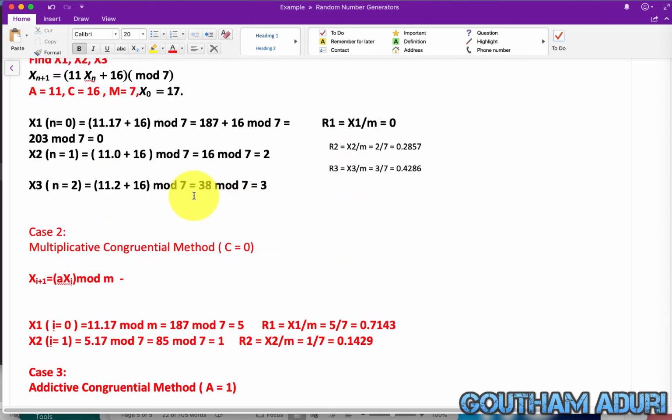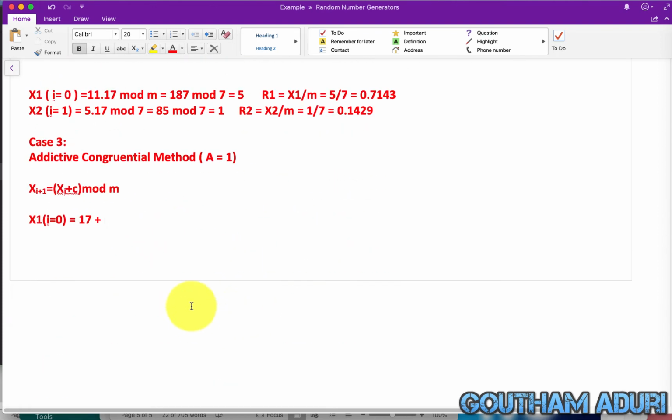What is the c value? c is 16. 17 plus 16 mod 7. So 17 plus 16 is 33, and 33 mod 7: 7 fours are 28, and the remainder is 5.